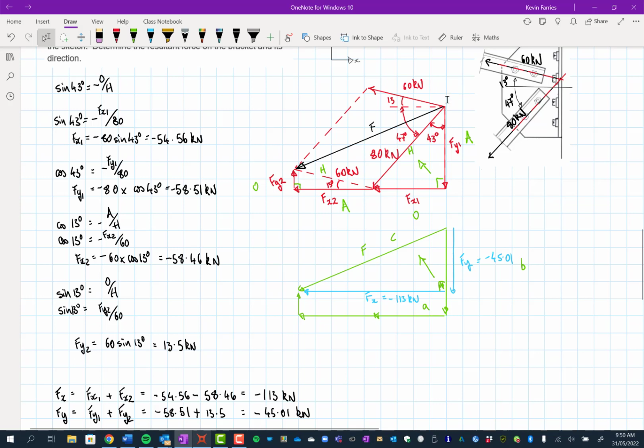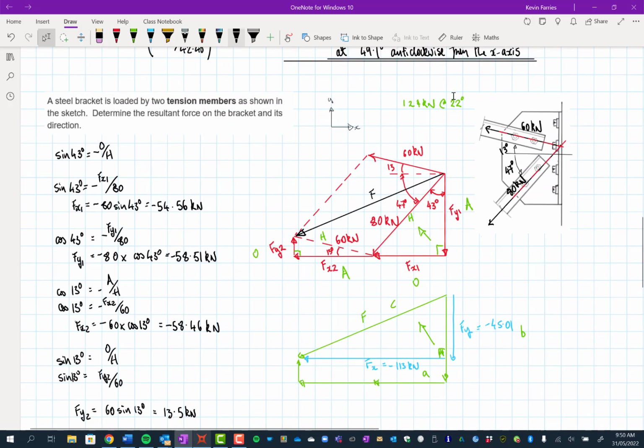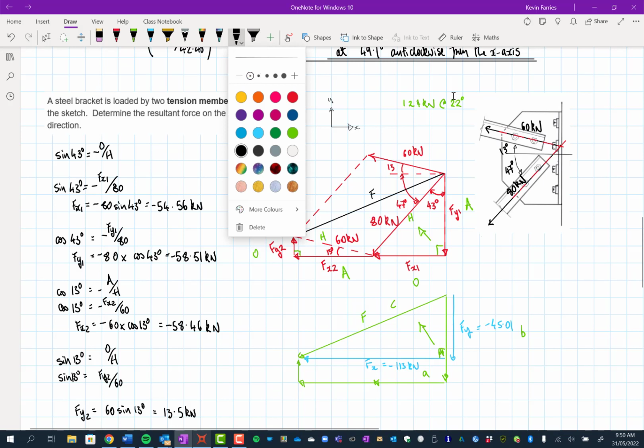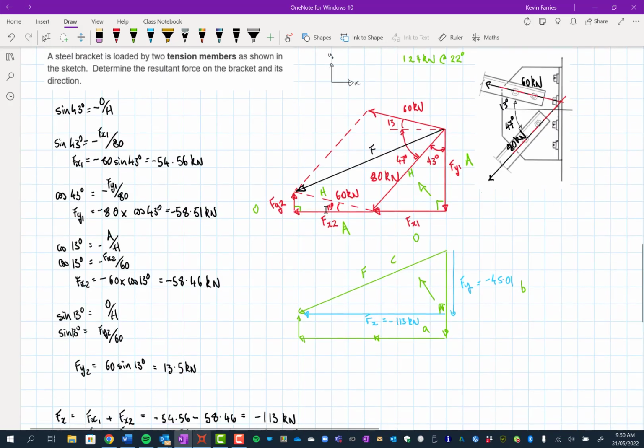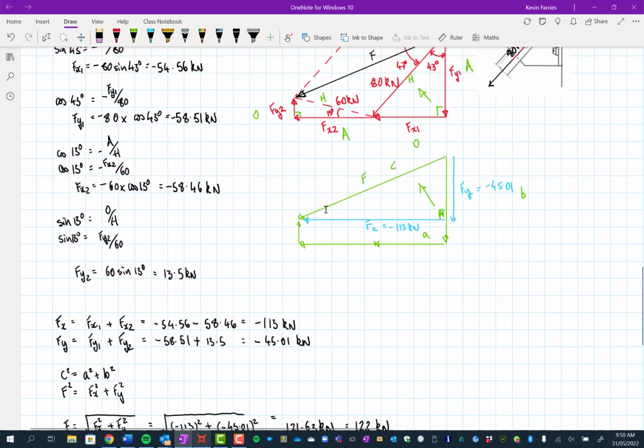It might even have been more sensible for me, if I'd thought a bit more carefully, to do my x and y axes like this, so that positive x was in this direction and positive y in that direction, just so that I didn't get all these negative numbers. But anyway, too late now. It doesn't make the answer wrong, it just would have made it a bit tidier.